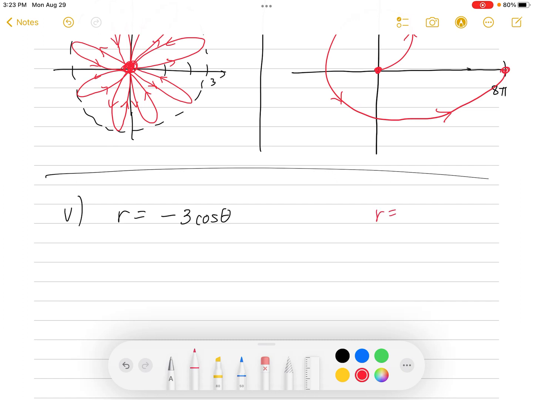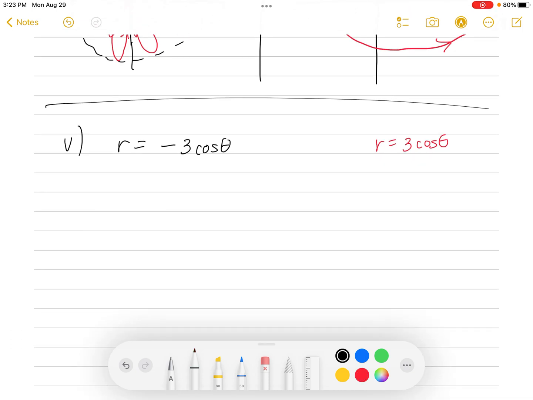So if I had r equals 3 cosine of theta, we would go out 1, 2, 3 and start when the radius is 3 and the angle is 0, and we just go around like that, right? If it were positive 3, but we have a negative 3.